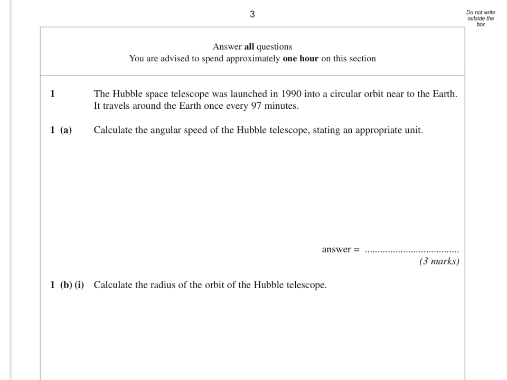Alright, so let's take a look at January 2011, Unit 4, Section B. We've got the Hubble telescope, and it has a time period of 97 minutes. First thing, to get the angular speed, we do 2 pi divided by the time period, which is going to be 2 pi divided by 97 times 60 to convert it into seconds.